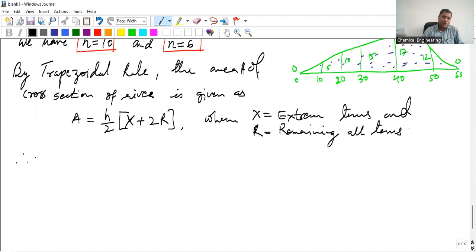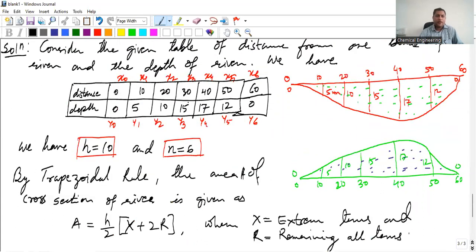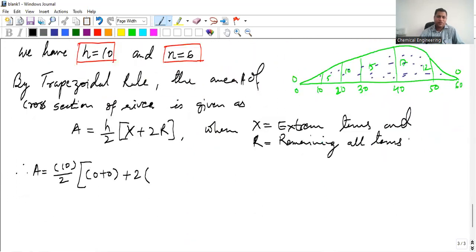Here A = 10/2 [extreme terms, 0 plus 0, since y0 is 0 and y6 is 0, plus 2 times all the remaining terms], which is 5 plus 10 plus 15 plus 17 plus 12.